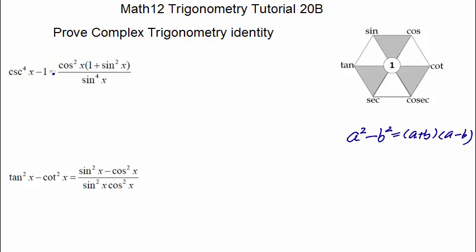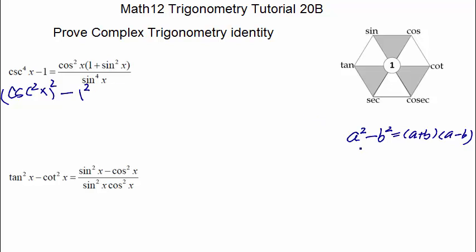This requires a little bit of experience. See, cosecant to the 4th x minus 1. So if we can convert this to cosecant square x, squared, and then this is 1 squared. So cosecant square x, bracket squared, minus 1 squared.